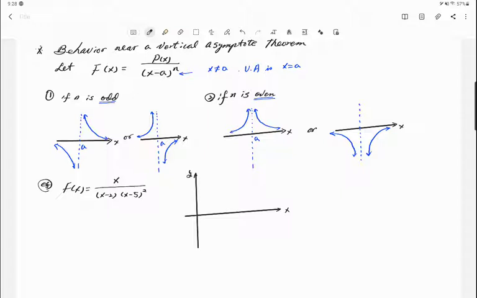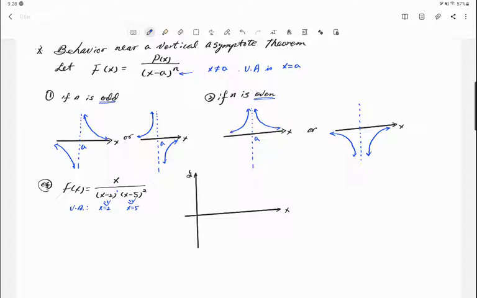So let's try this example. As you see, the exponent of this x minus 2 in the denominator is 1. So we know that x equals 2 is a vertical asymptote, and x equals 5 is a vertical asymptote, right? These are the vertical asymptotes.